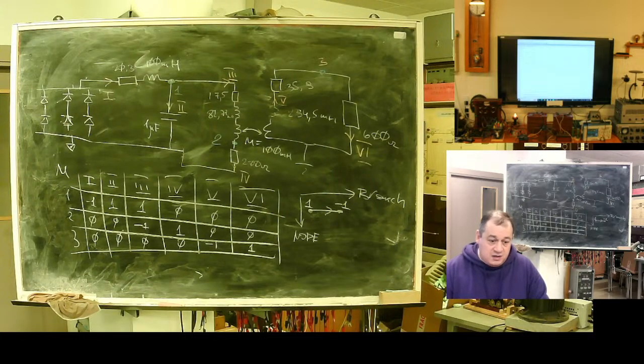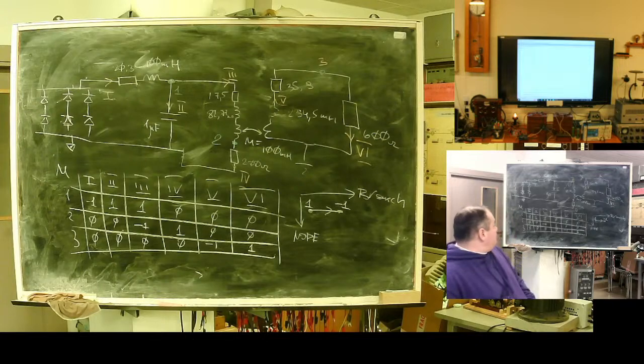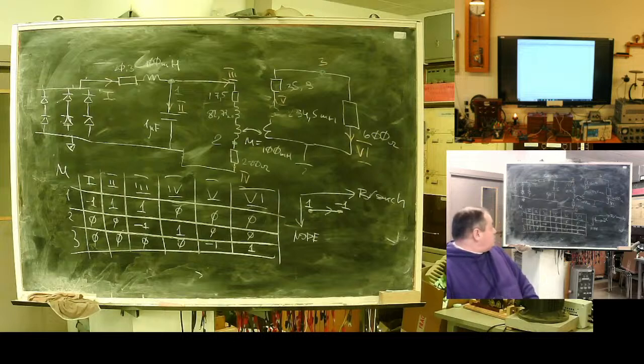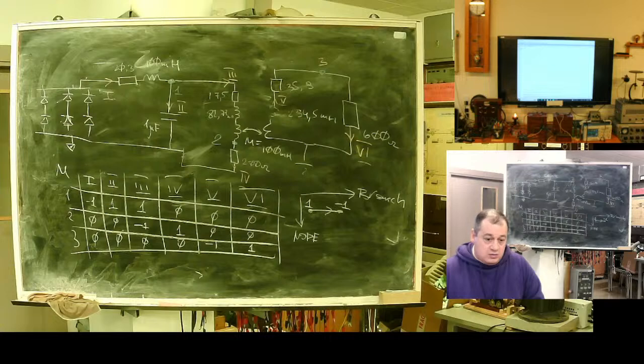1 microfarad. What's the third branch? It will be 17.5 plus J omega multiplied by 82.77 A minus 3. Third branch. Okay.